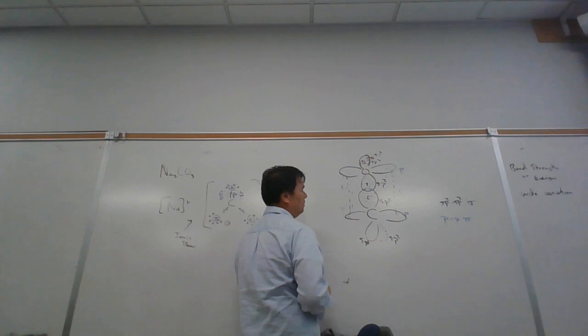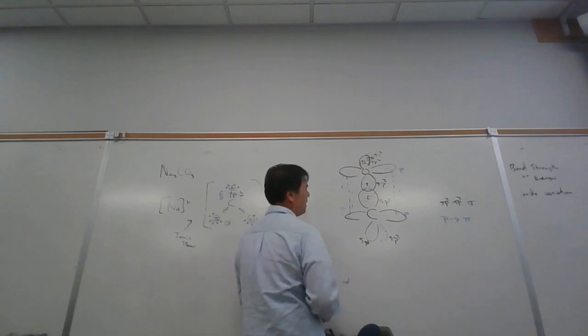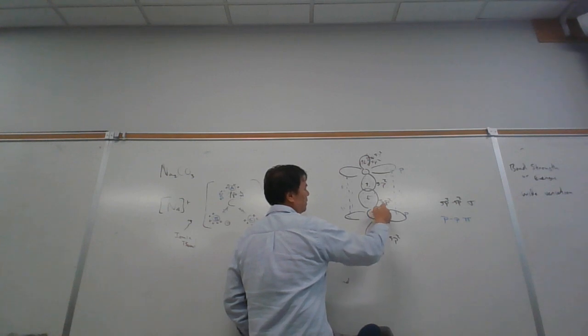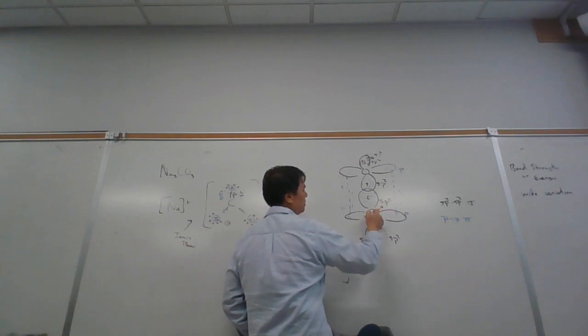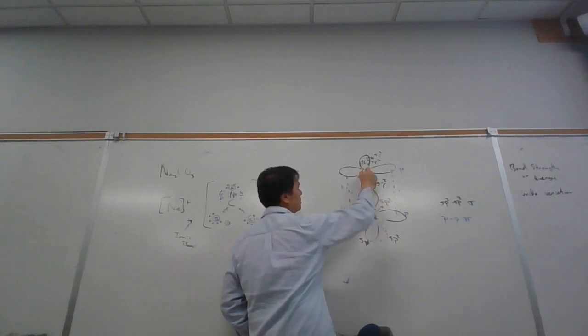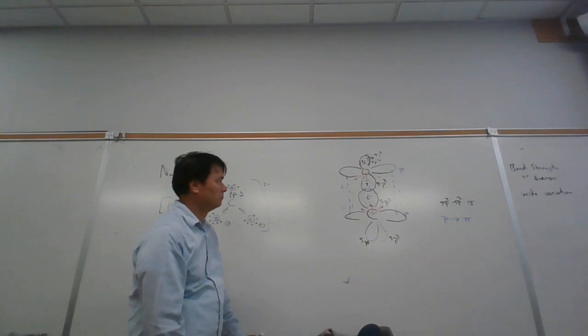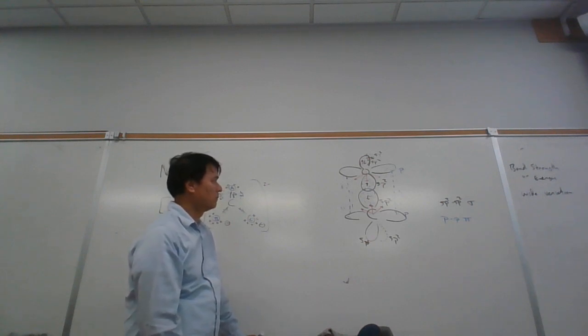The sp2 sigma is stronger than the pp pi because in the pp pi, the nuclei are going to be attracted to the region to the right and to the left. Whereas in the sigma, it's straight on to this carbon. So this is sigma. This is going to be attracted to this cloud and this cloud over here.